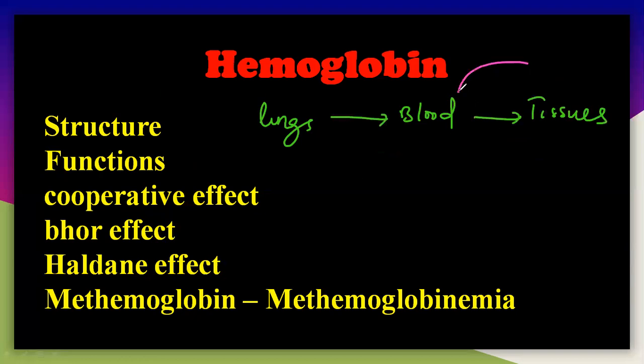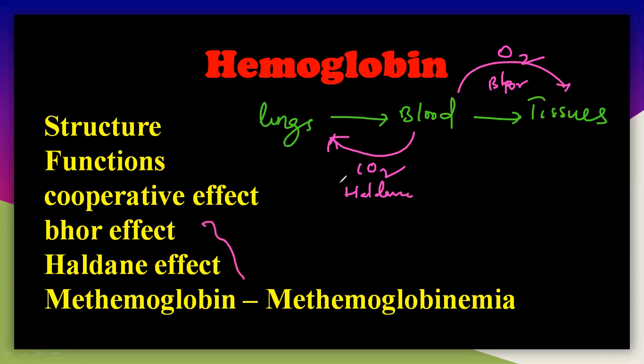The transportation of oxygen from blood to tissues with the help of CO2 is called the Bohr effect. And from blood to lungs, the transportation of CO2 with the help of oxygen is called the Haldane effect. So remember these two effects, Bohr effect and the Haldane effect.